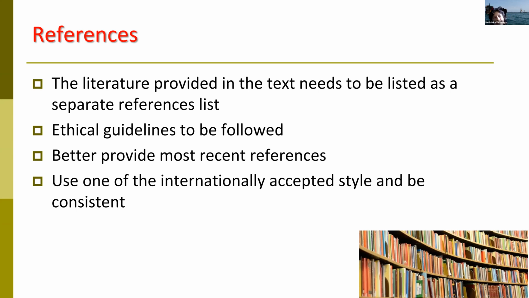Don't cite literature from non-indexed journals or bad quality journals, right? And ethical guidelines are to be followed, because if you are referring, you need to give proper credibility to that particular person. So it is better to use one internationally accepted reference style if no reference style is given in the proposal guidelines.